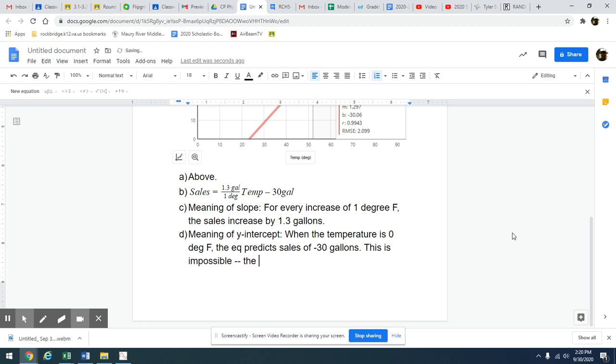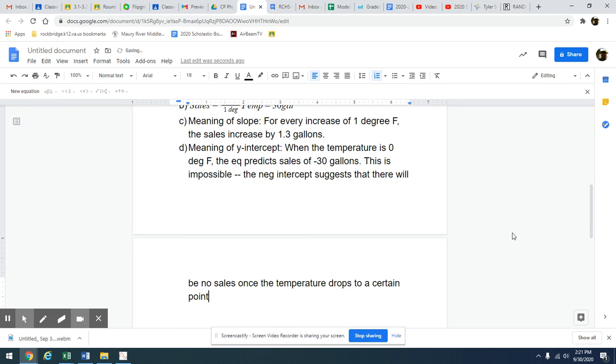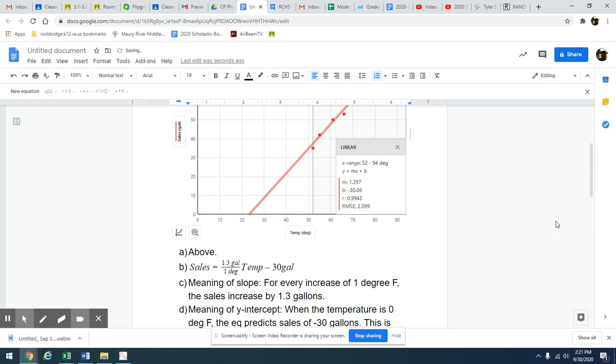The negative intercept suggests that there will be no sales once the temperature drops to a certain point. And we could probably suggest what that point is looking at the graph. It looks like around 20 some degrees.